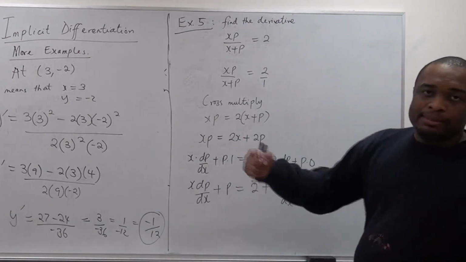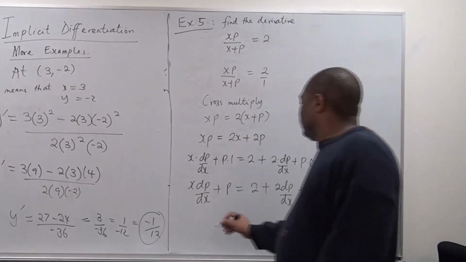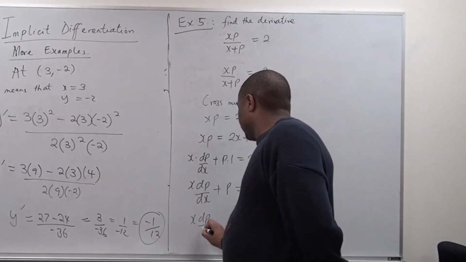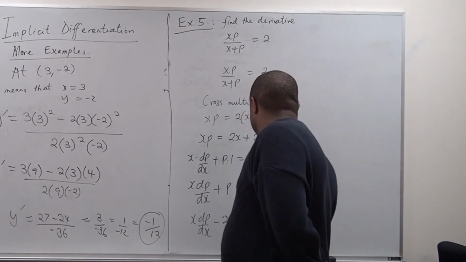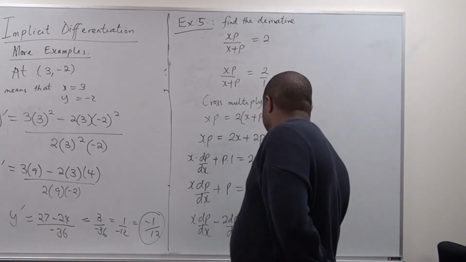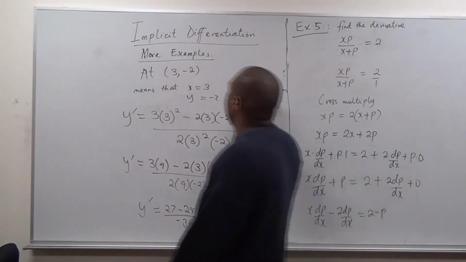So let's get the like terms, the ones that have dp/dx. So this is x dp/dx minus 2 dp/dx equal to 2 minus p.